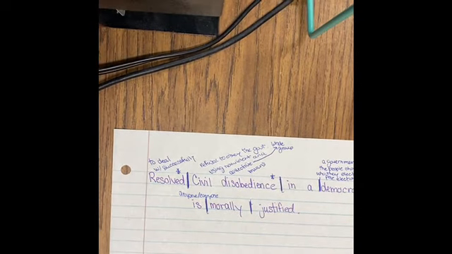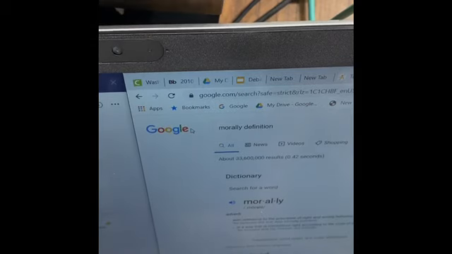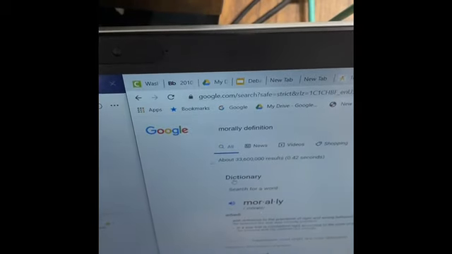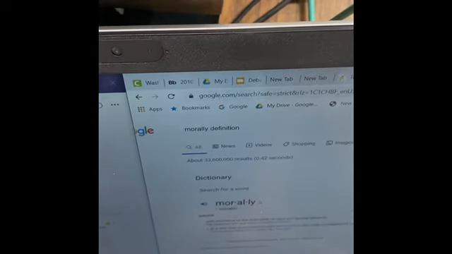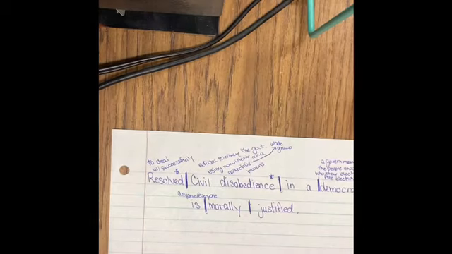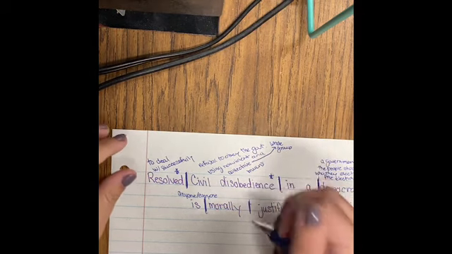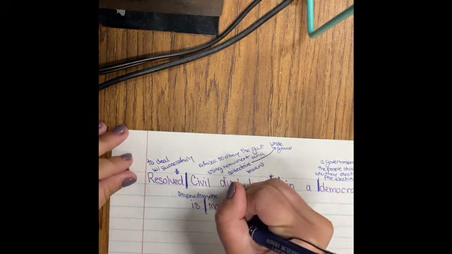All right, next we're going to look up the definition for morally. So morally means with reference to the principles of right and wrong behavior, okay? So we're going to write that, and we kind of lost a little bit of room, so I'm just going to write it underneath.